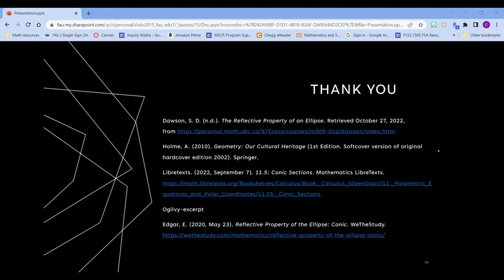Exactly. And I think that another cool thing is that these properties of ellipses were actually found in the 1600s. And St. Paul's Cathedral was actually built in 1672, which means that they knew how this architectural style could affect how sound traveled within that building in 1672, which is a long time ago.